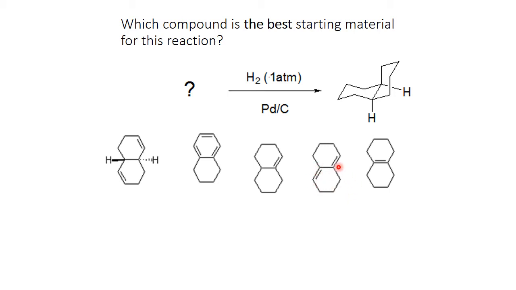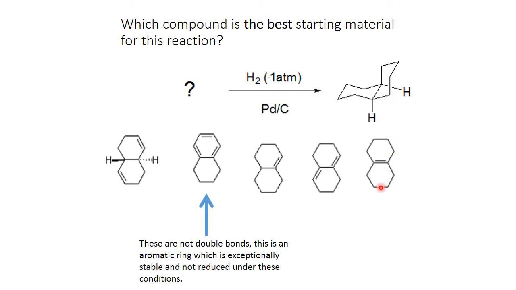You could have hydrogenation on this side and hydrogenation from underneath, giving you both the cis and the trans compound up here. However, if I look at this molecule right here, hydrogenation across this double bond would put the two hydrogens on the same side. And so this is going to be your product.